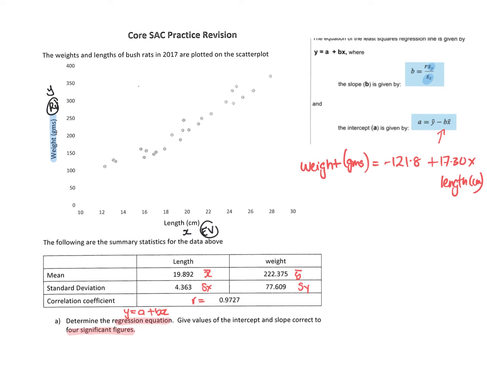If you don't write these variable names, you're going to lose marks. You'll also lose the mark if the significant figures aren't correctly placed, which we've done now. All right, so that was question A, so we've done that.